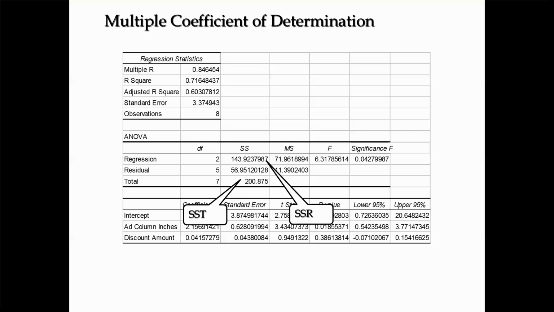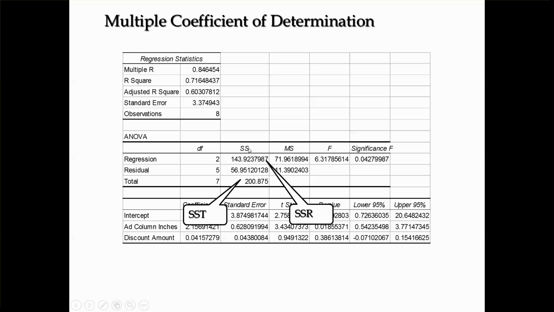Actually, we will find them in the same place. Do you remember, in the simple linear regression model last week, I mentioned the regression output has three parts: regression statistics, the ANOVA table, and the regression equation. In order to find SSE, SSR, and SST, you just need to look at the ANOVA table.